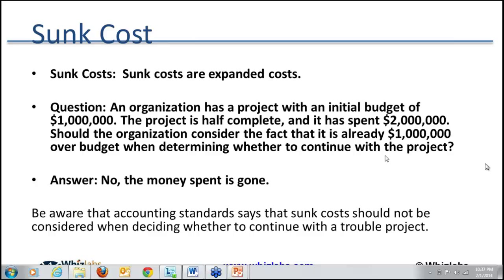Sorry, I'm not able to understand you. Can you please repeat that? Sorry. My question is, if you have $1 million as a project, and halfway through the project you spent over $1 million, you spent $2 million, I'm finding it difficult to understand, if you've been monitoring the project, how you spent over $1 million halfway through the project.